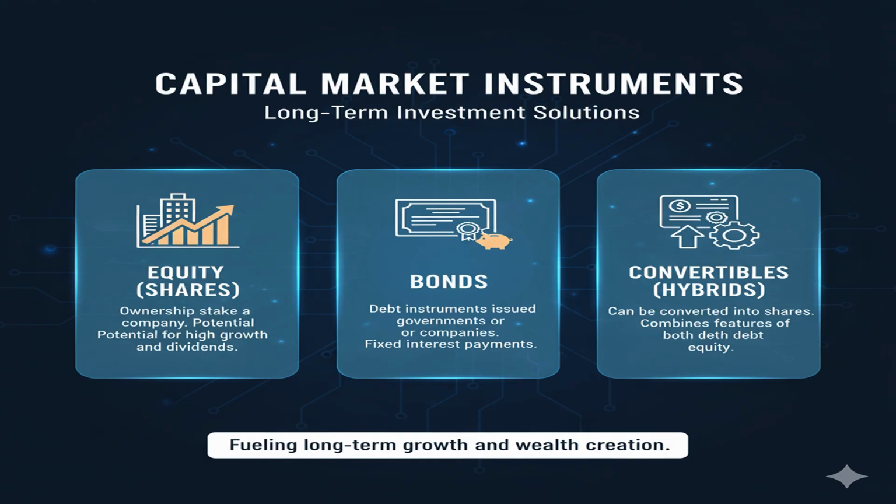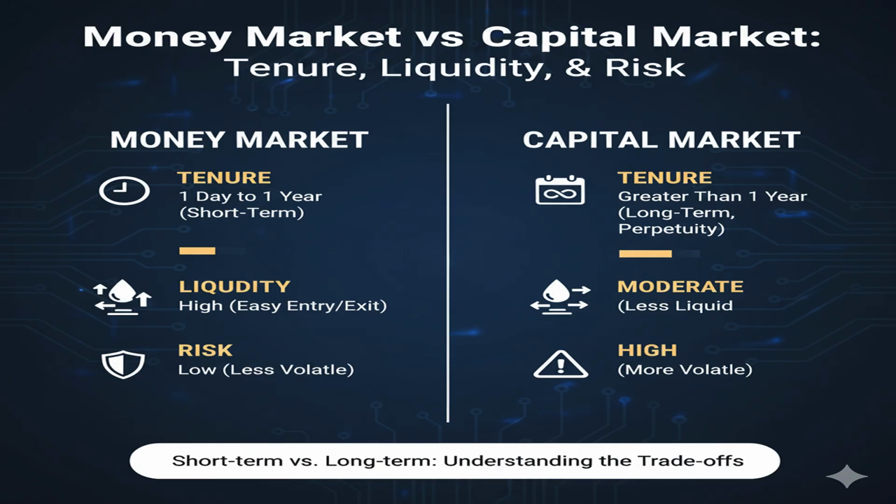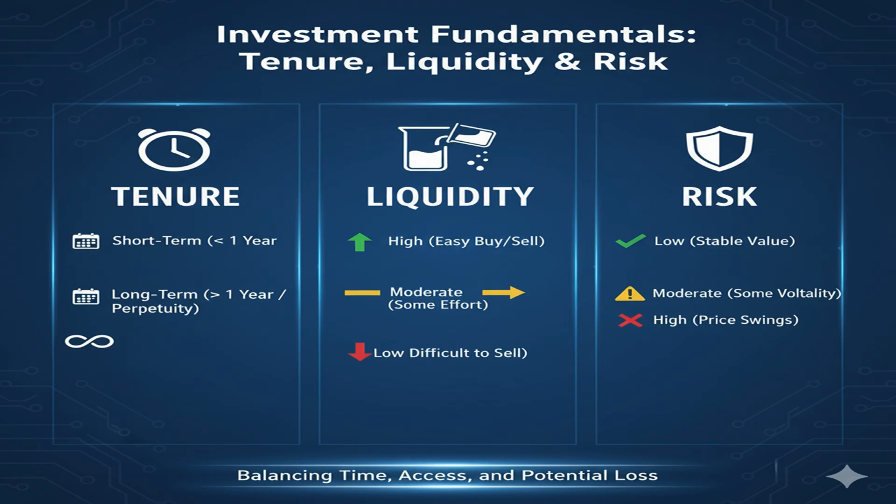Let us look at tenure, liquidity, and risk. The typical tenure of money market instruments ranges from 1 day to 1 year. Capital markets are for the very long term, and at times to perpetuity. Money markets are more liquid and offer easy entry and exit to players. Hence, due to the higher liquidity and lower tenure, money markets tend to be less risky.